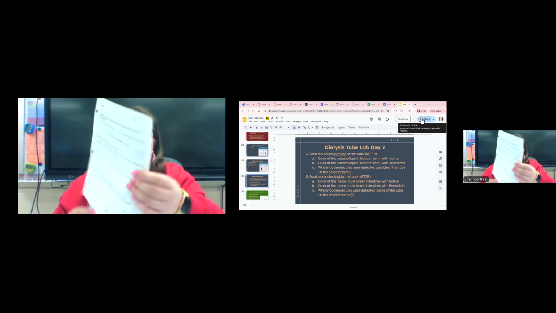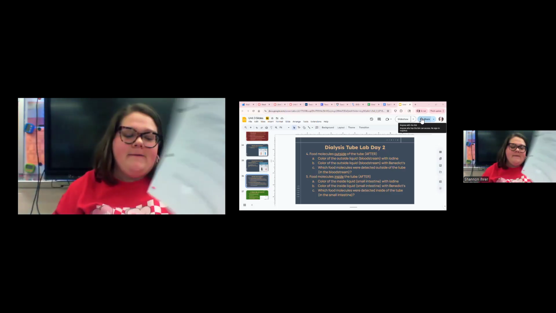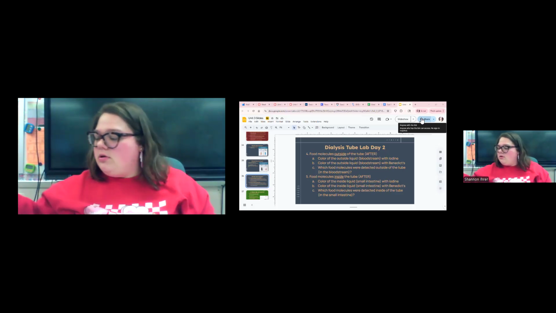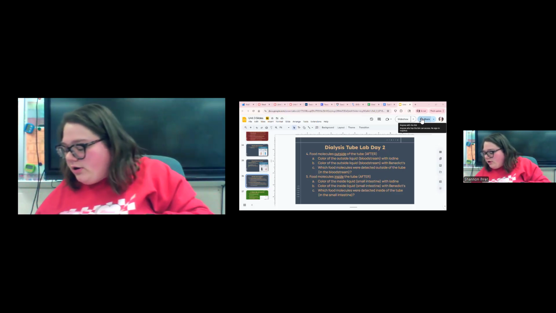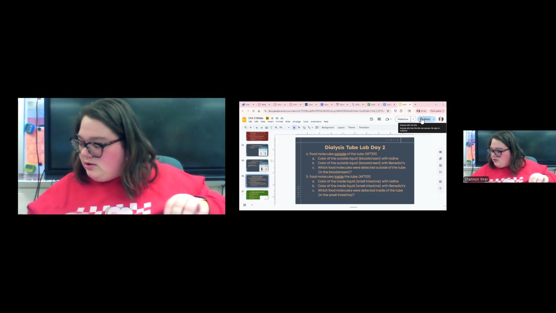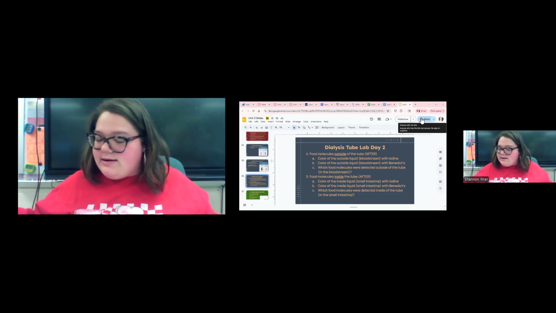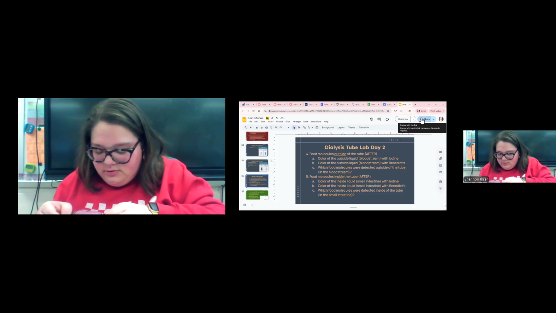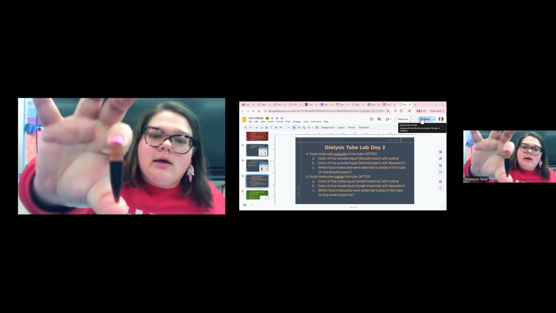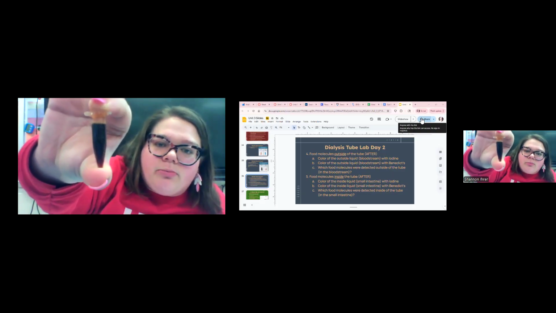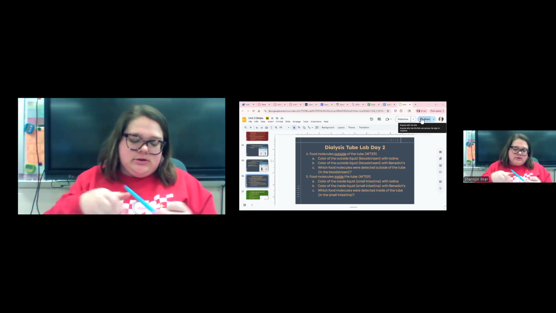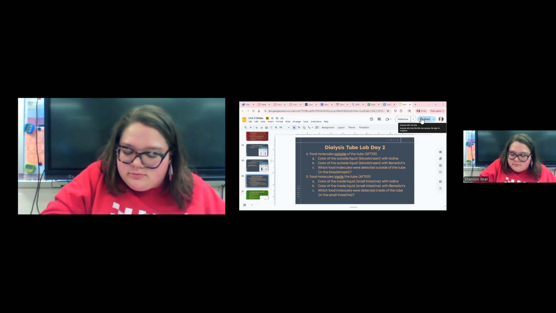Now, on part 5, on page 18, we are going to look at the color of the iodine from inside of the tube. And you're going to see that this is a really dark brown, almost black. So you can write down dark brown.